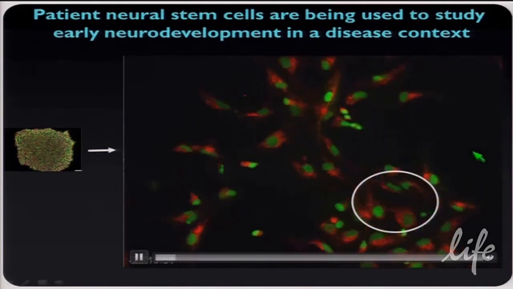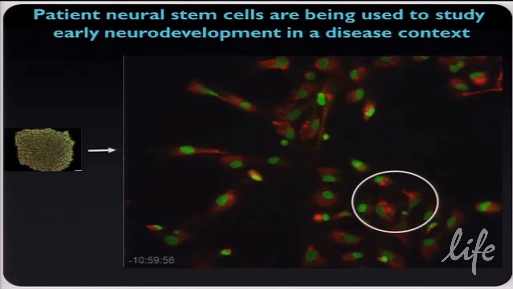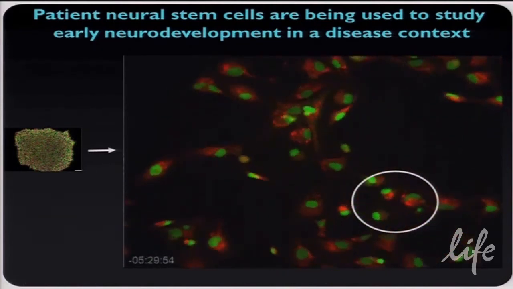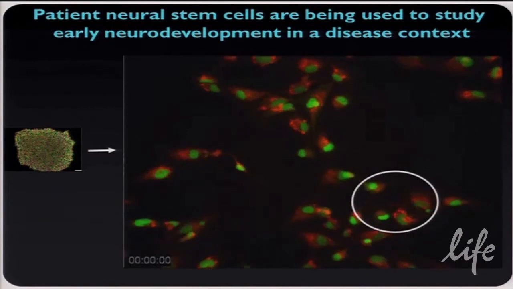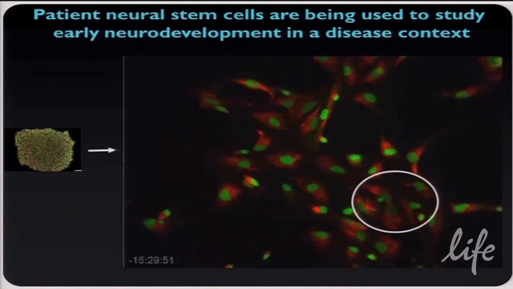And so shown here is an example of the red is a mitotracker, and the green is a genetically zinc finger targeted iPS cell line that expresses a nuclear GFP under the beta-actin promoter, and that was developed in the core. So it's ubiquitous. Since beta-actin is a ubiquitous promoter, nuclear GFP is always expressed, and so we can always track these lines. So then these neural stem cells are looked for their mitochondrial trafficking properties.